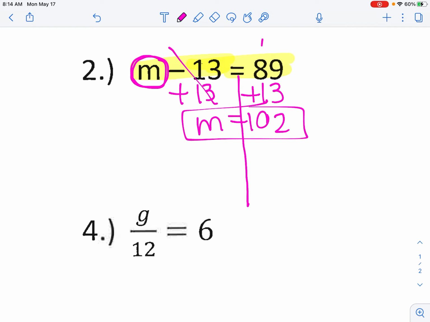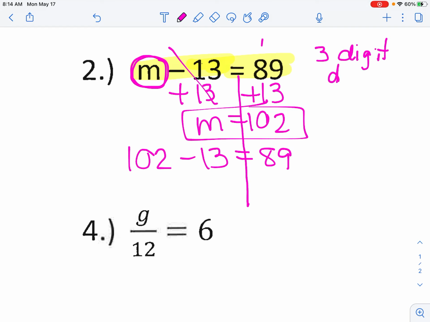The next step is called substitution. So now instead of writing m minus 13 equals 89, I'm going to substitute in my solution for m. Now my rule is if you have a 3-digit number, a decimal, or a fraction, you have to show your math.